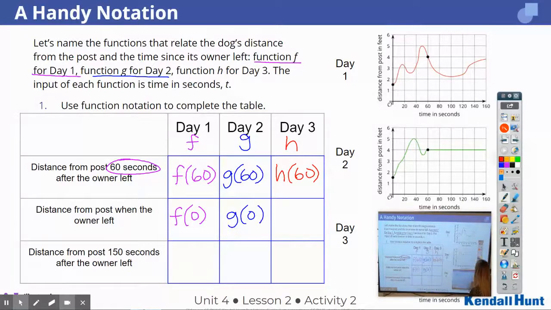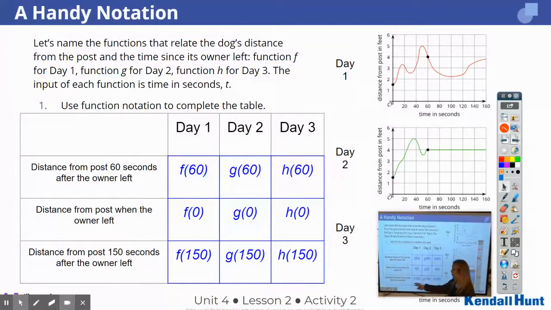And day 3 would be h of 0. Then distance from the post, 150 seconds after the owner left, would be f of 150, g of 150, h of 150.